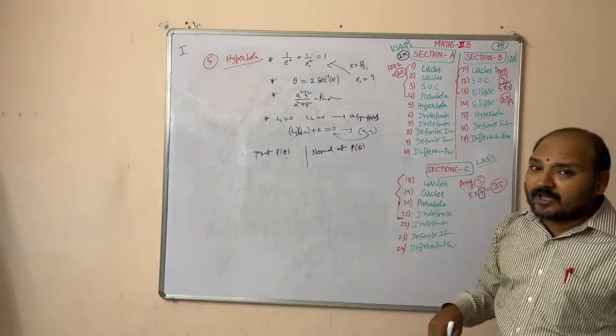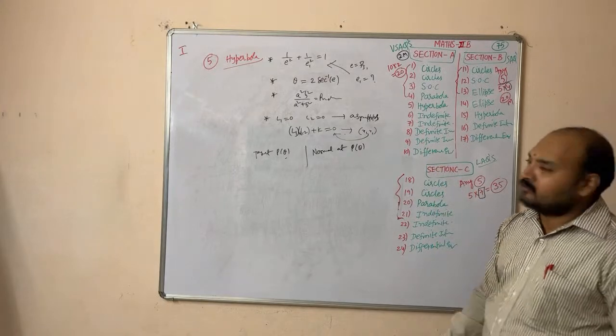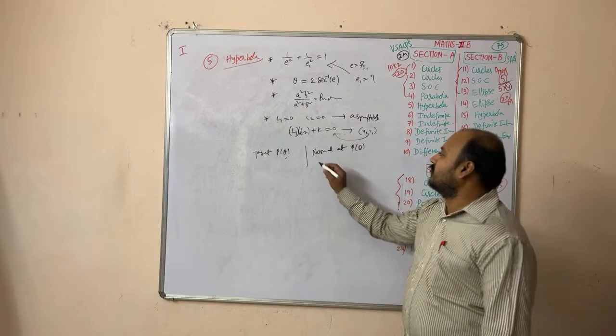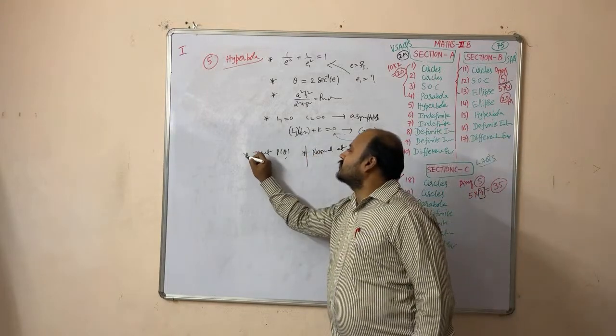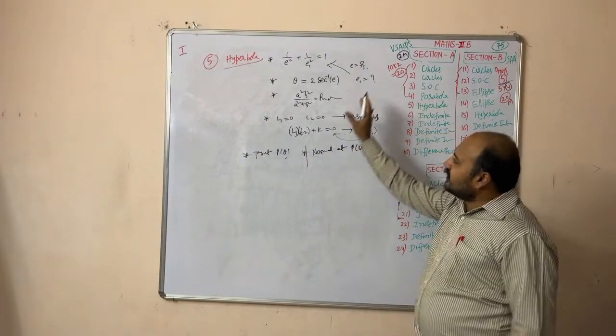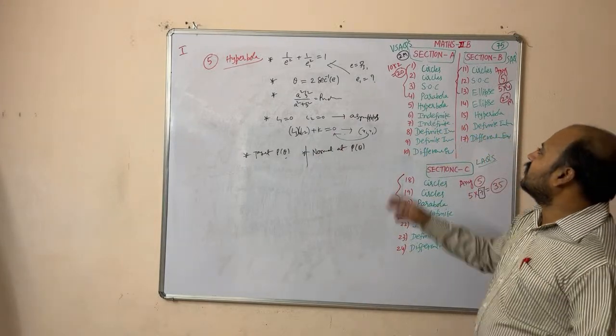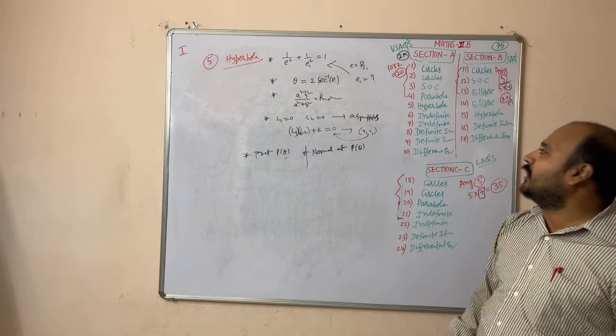Parametric equation of the hyperbola is a secant theta, b tan theta. Based on that, you write the normal equation and tangent equation. These two are also important. So based on this, you can get the answers. 2 marks questions from this, guarantee you will get it.